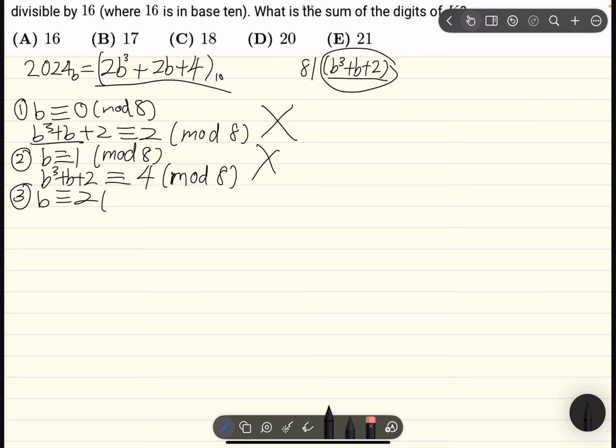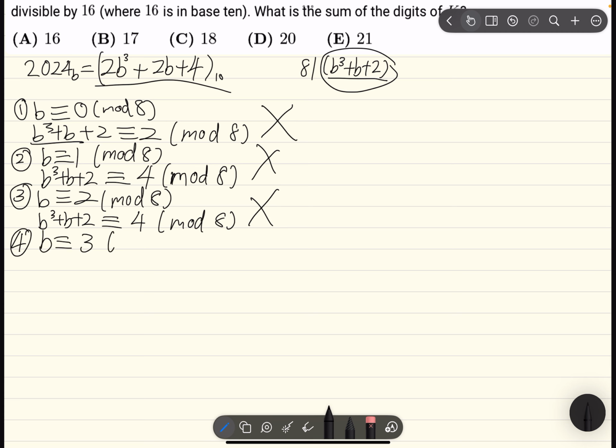Now when b is congruent to 2 mod 8, meaning the remainder is 2 when b is divided by 8, we plug 2 in: 2 cubed is 8, plus 2 plus 2 gives 12. 12 divided by 8 has a remainder of 4, which is not 0, so that does not work.